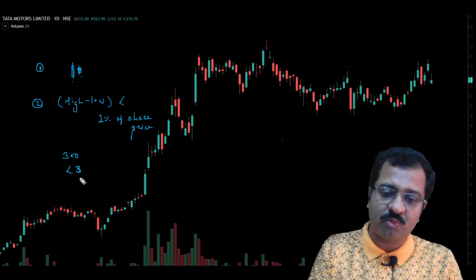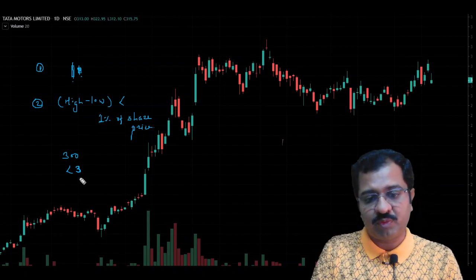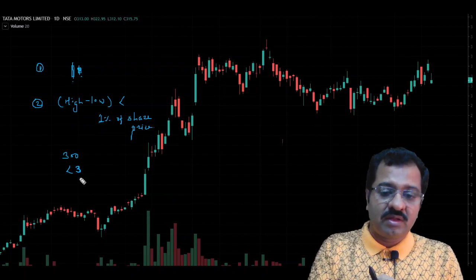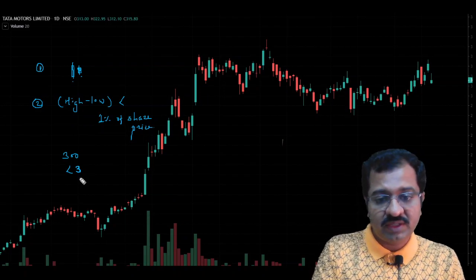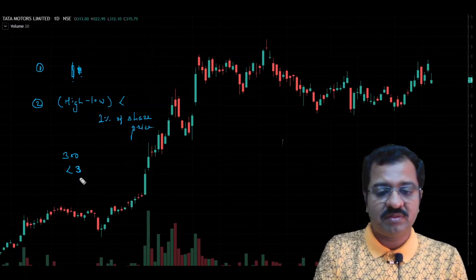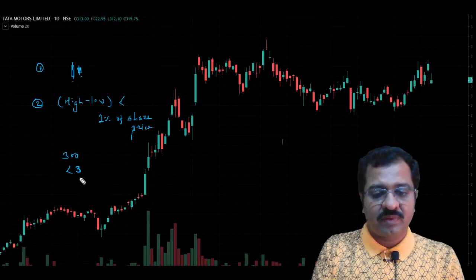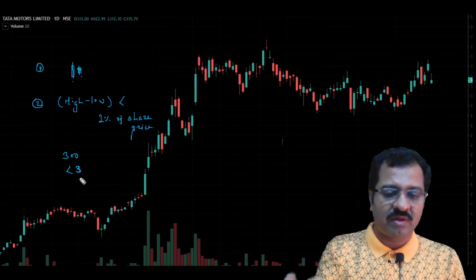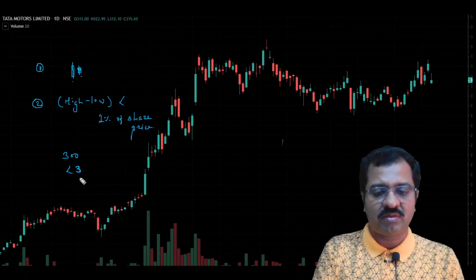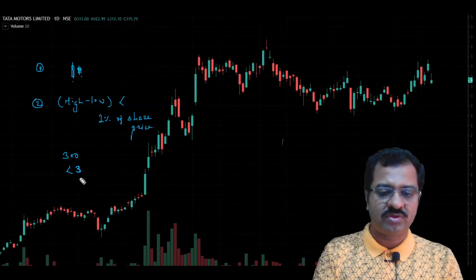You can make this 0.90% or 1.2%. You can tweak this and optimize it based on the beta of the stock. Beta means how the stock moves. Is this a fast moving stock or a slow moving stock?